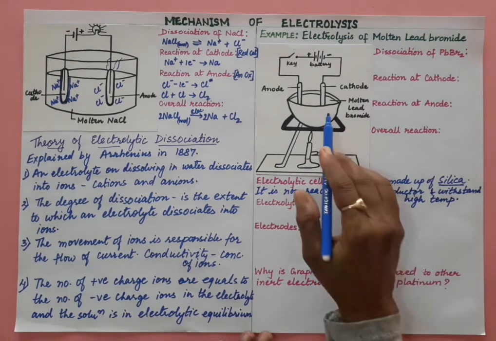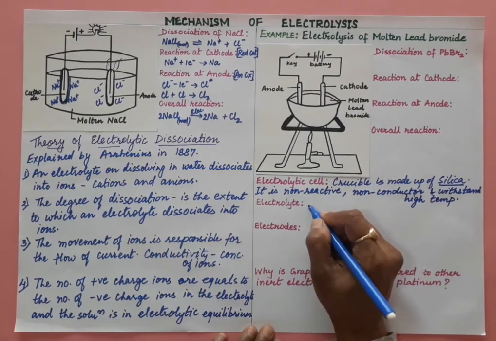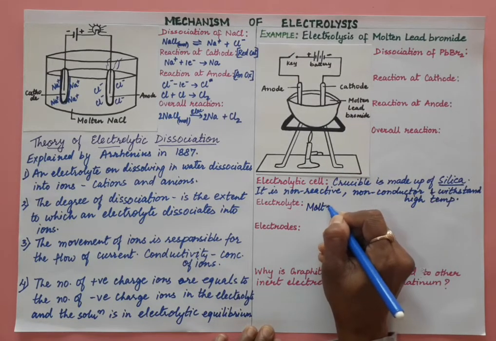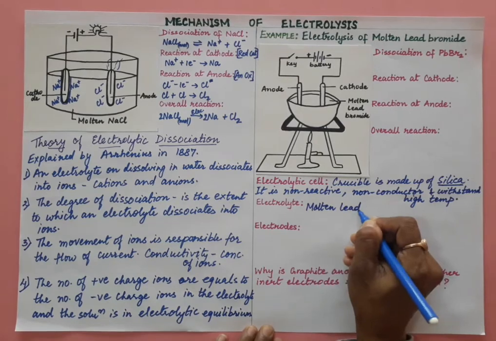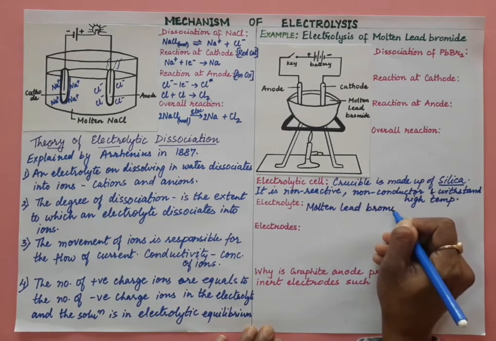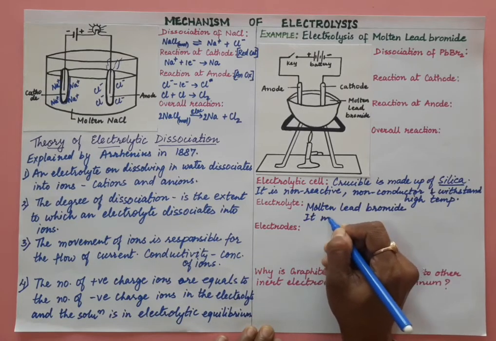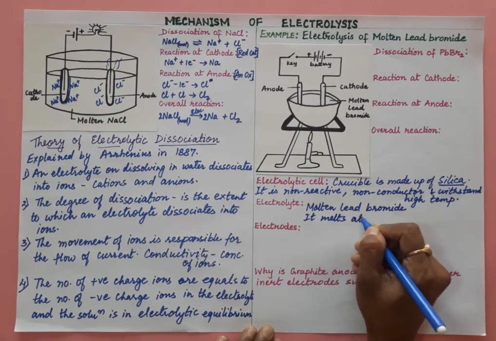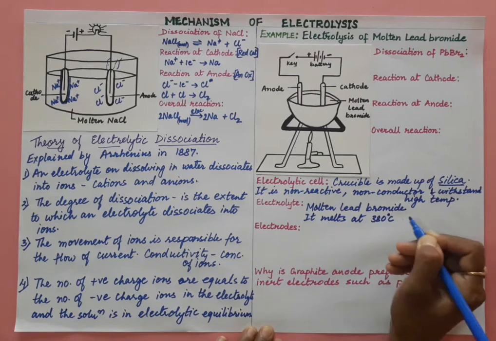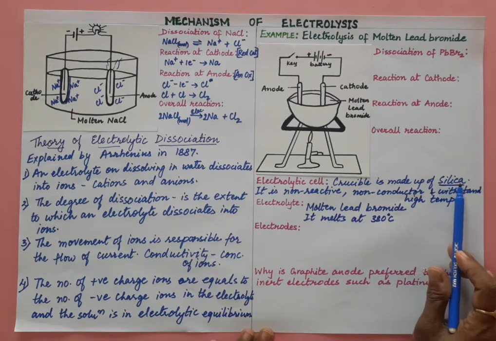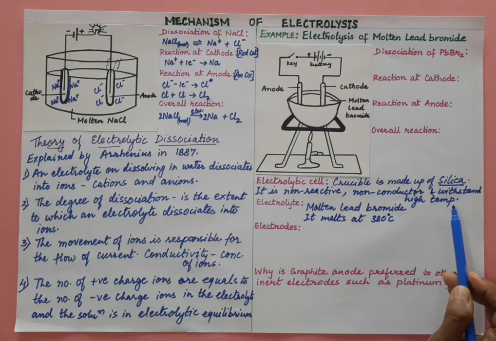The electrolyte present in this is molten lead bromide, which melts at 380 degrees Celsius, and that is why we have to take a silica crucible, so it can withstand high temperature.